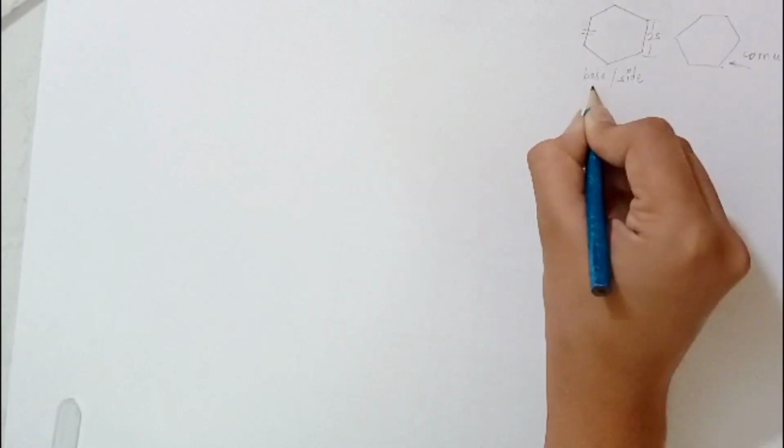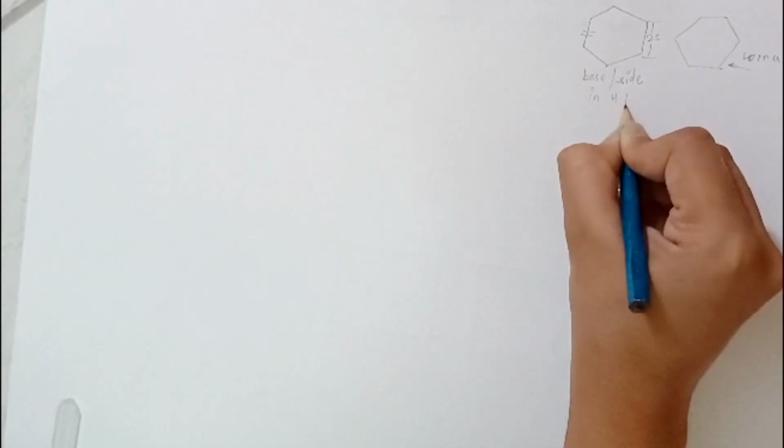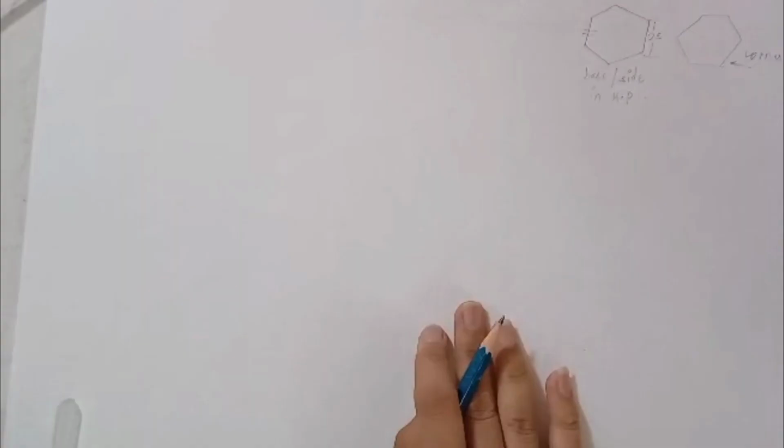Whereas seeing in the second type of hexagon here, we see that the left side of the hexagon is a corner, its corner in HP. So as a question states that the side lies in HP, that is the hexagon is having one of its side in HP, therefore we prefer going with the first one.